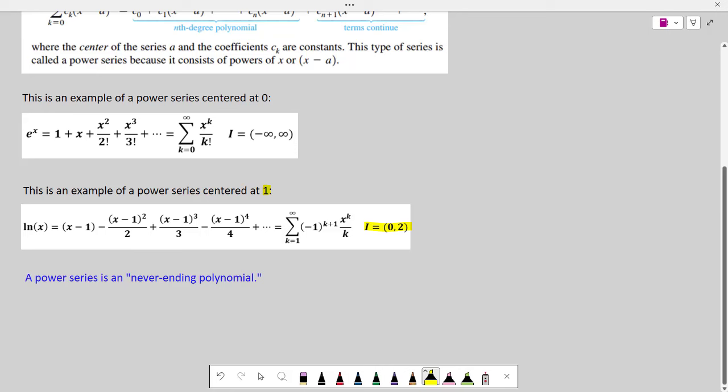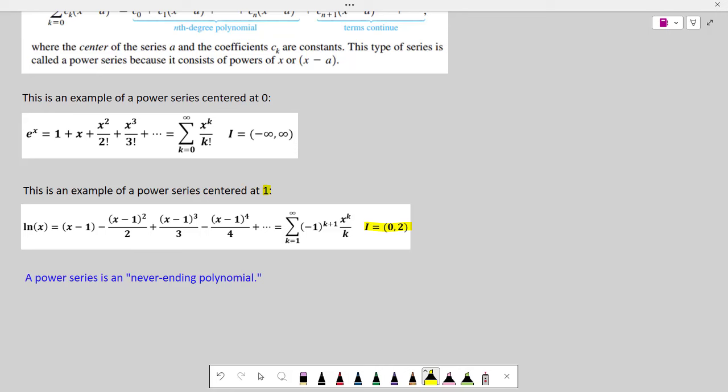This infinite series only converges when x is between 0 and 2. So if you plug in any number between 0 and 2, including fractions, absolutely, any real number between 0 and 2, you'll get an infinite series that converges to whatever the natural log of that number is.